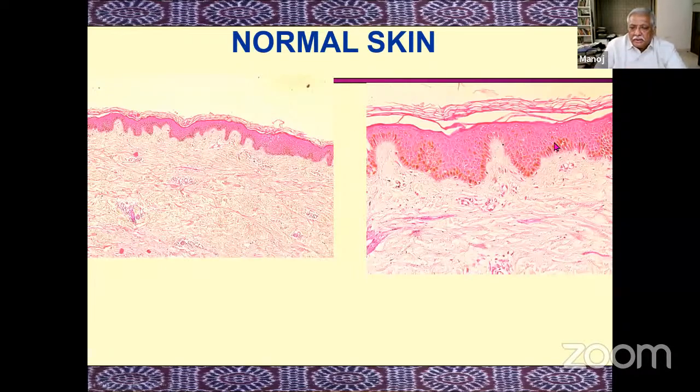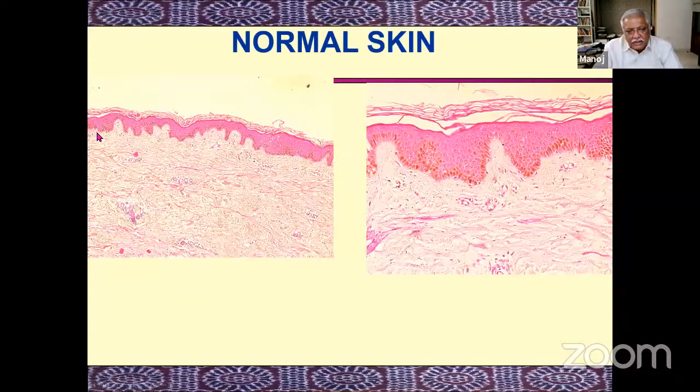Now, the epidermis and the dermis fit together. So you have these little protrusions of the dermis going into the epidermis. And then you have these little ridges or knobs coming from above, from the epidermis into the dermis.